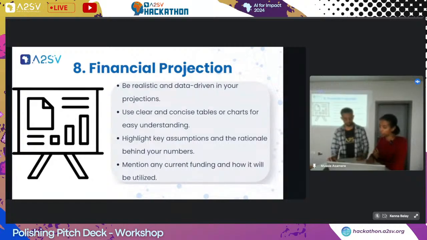These are all projections, but we have to make them believable for the person we are making this speech to. So we have to give some rationale behind it for them to believe the projection that we are giving. We also want to mention any current funds and how they will be utilized, if we have any.